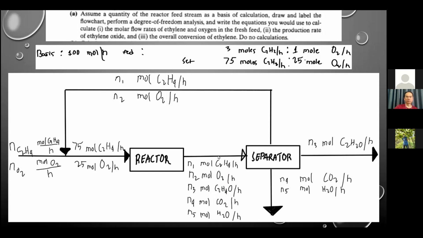Okay, so I will be assuming that there will be 100 moles fed to the reactor.